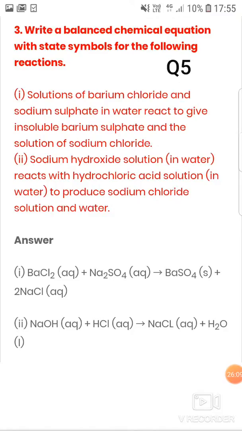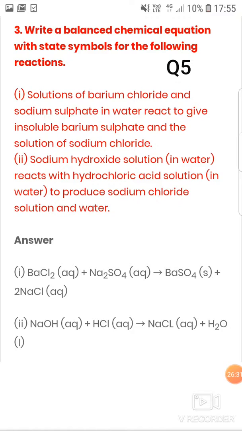So here we have to write a balanced chemical equation with their state symbols, in what state they are in. We also have to mention the states of the symbol, whether it is aqueous, solid, liquid, or gaseous.